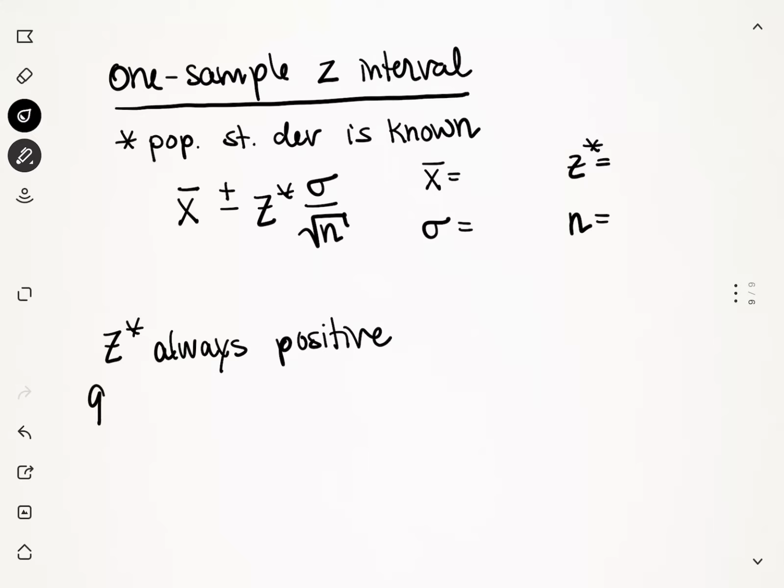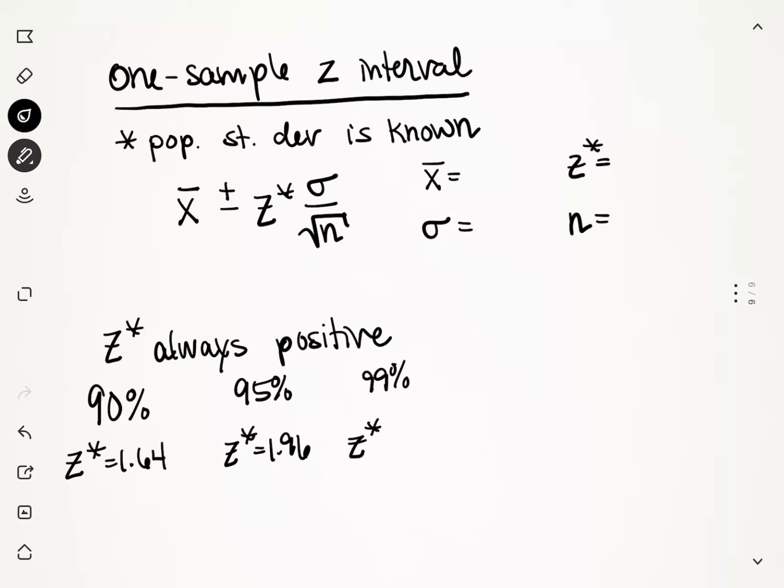Most of the time we're going to be dealing with a 90% confidence interval that has a critical z of 1.64, or a 95% confidence interval that has a critical z value of 1.96, or a 99% confidence interval that has a critical z value of 2.56.